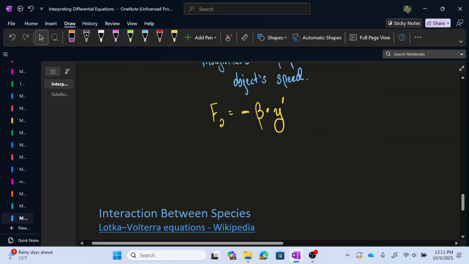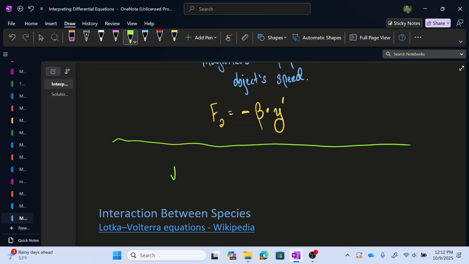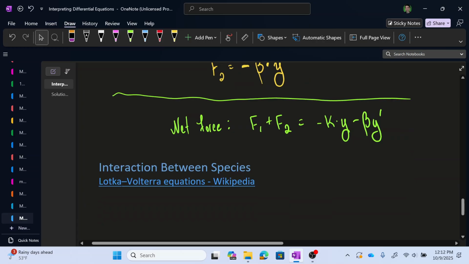So from that, the net force is the sum of these two non-negligible forces acting on this object as it moves. The net force would be the sum of this piece here, negative k times y, the restoring force of the spring, and this air resistance force, negative beta times y prime.